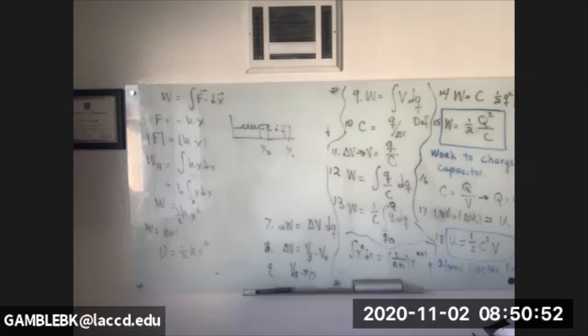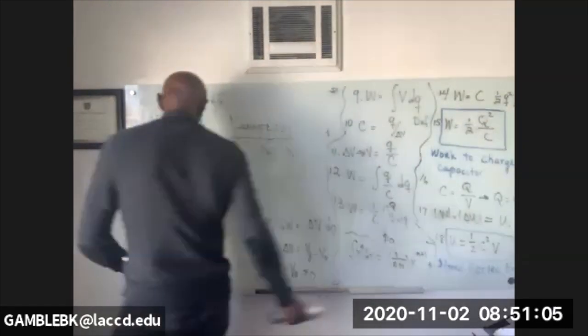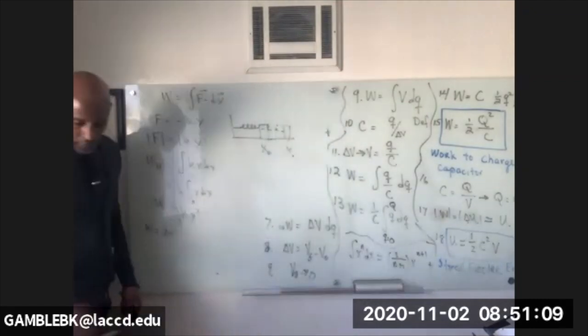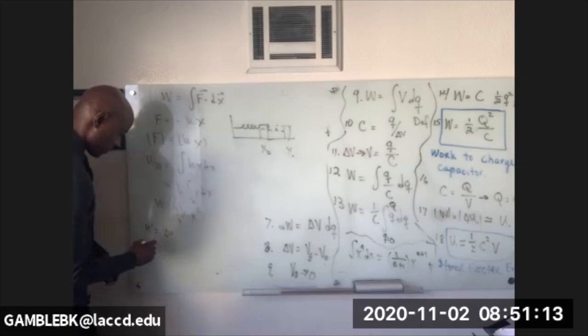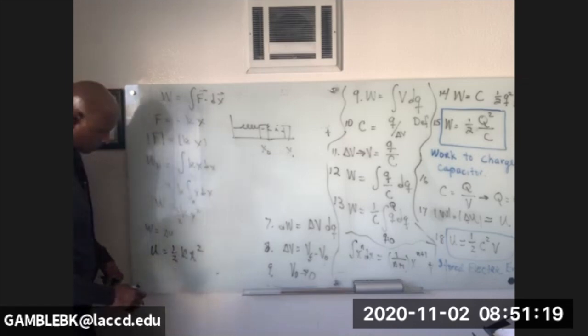Let's compare these equations describing the potential energy of a spring system and that of a capacitor. So the potential energy is equal to 1/2 K X squared.